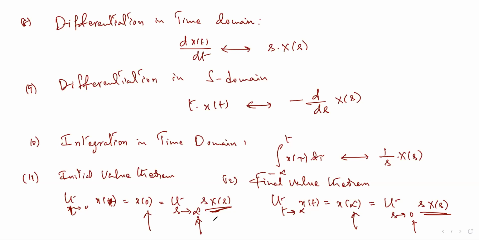But the rules, if we observe, conditions for initial value theorem: same condition as Z transform. Numerator polynomial order should not be greater than denominator polynomial order.